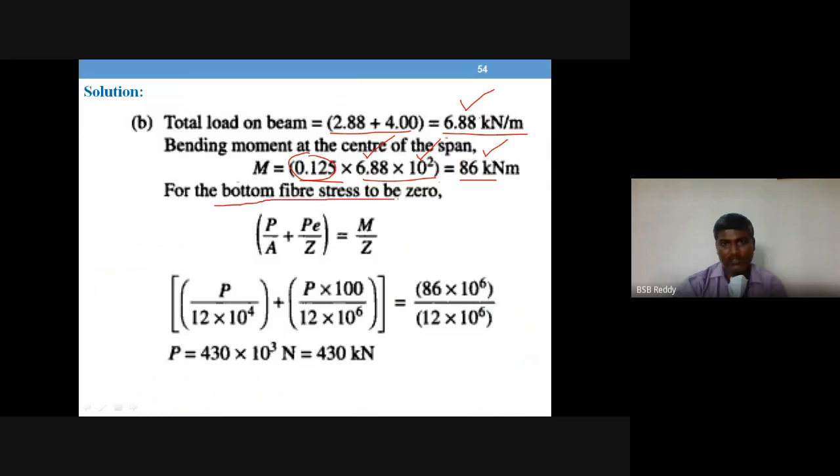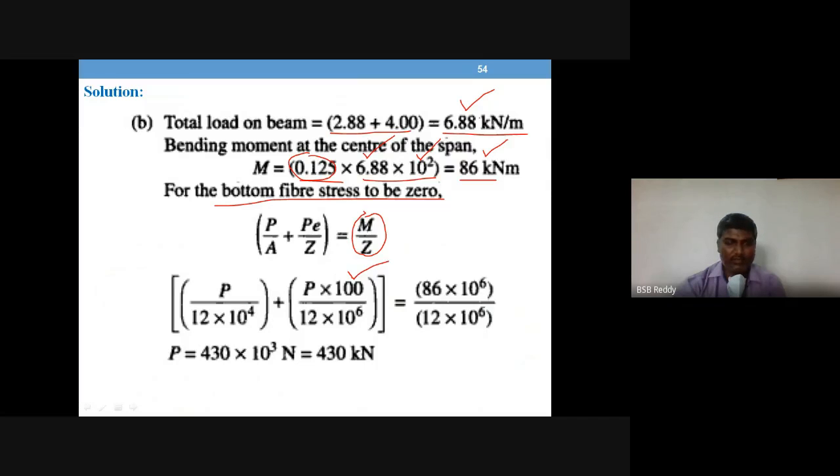So for bottom stresses to be 0, P by A plus PE by Z minus Mg by Z minus Mq by Z equal to 0, and it is written as Mg and Mq combined as just M by Z, equal to 0. So if you bring it to the right hand side, it's M by Z. So P is common, which is unknown.